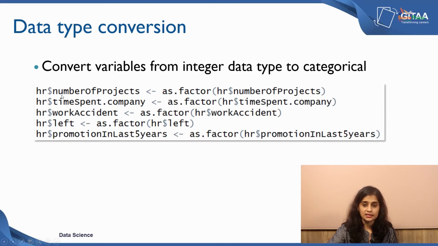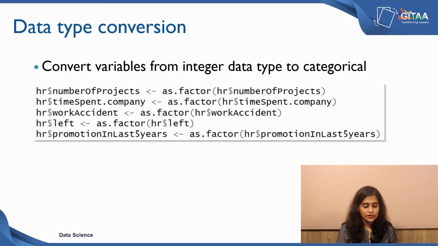To access it, you can use a dollar symbol. HR dollar number of projects is a way of accessing the variable from the data frame HR. Now to convert it to a factor, I am going to use the function as.factor, and again I am going to give the same variable name inside the parenthesis. This is how I convert an integer variable to a factor variable.